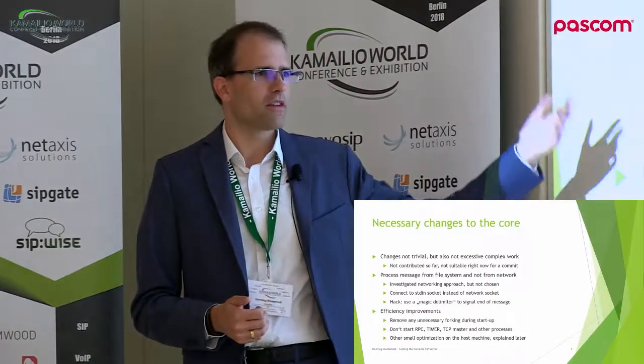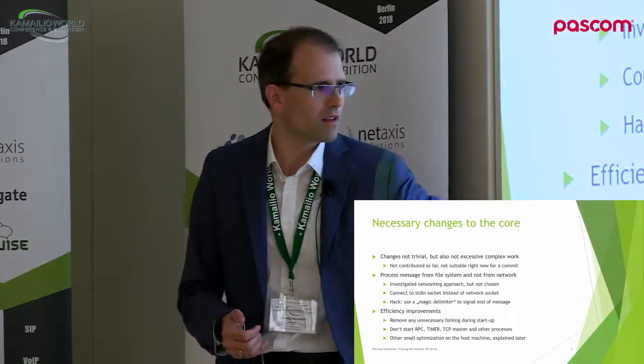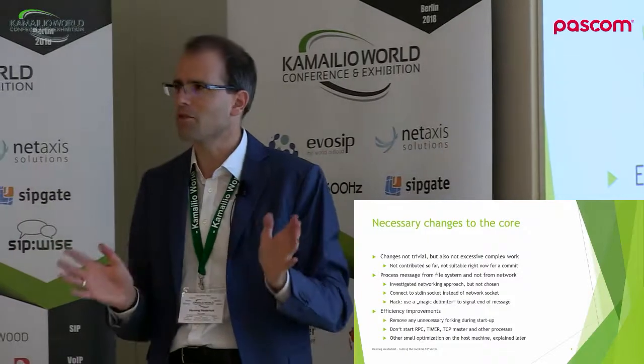As Kamailio is executed for every test case, this is the way the AFL program works. Of course, you want to make this as easy as possible for AFL. So what I also did was remove any unnecessary forking during the startup. For example, in the test object, I don't start the RPC processes, I don't start the timer, I don't start the TCP master process and some other processes.